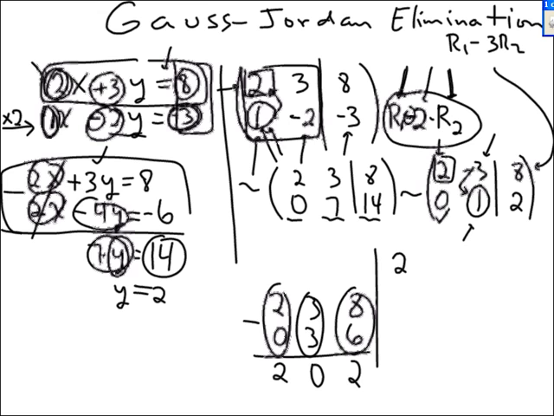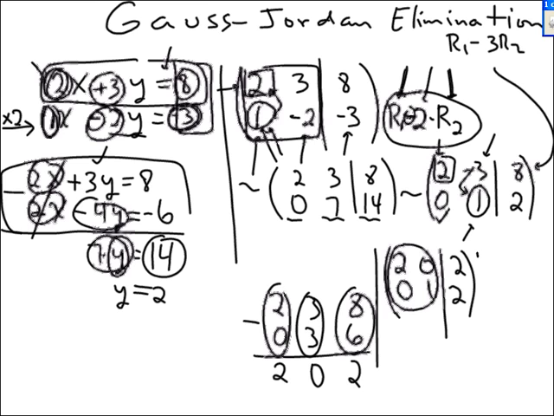So the first row is now 2, 0, 2, 0, 1, 2. So other than getting 1s for the leading entries, this part is in RREF form. But that's with an exception.